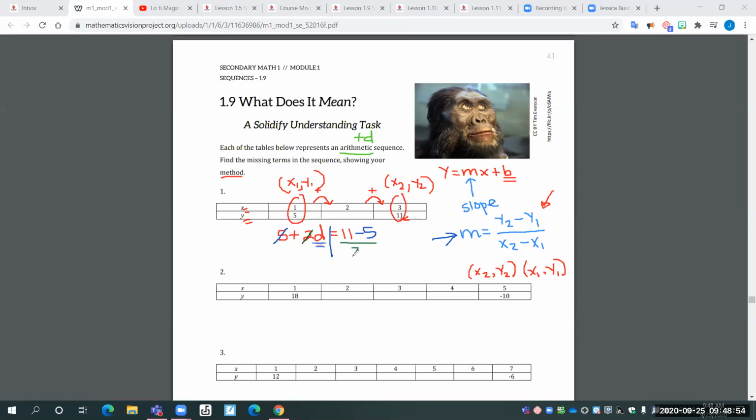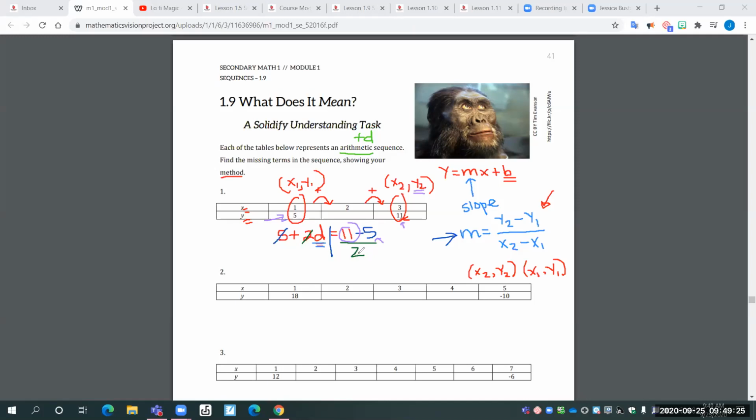Let's see if this matches up with our formula. The 11 right here is our y sub 2, and we are subtracting y sub 1, which is the 5 over here. That checks out.